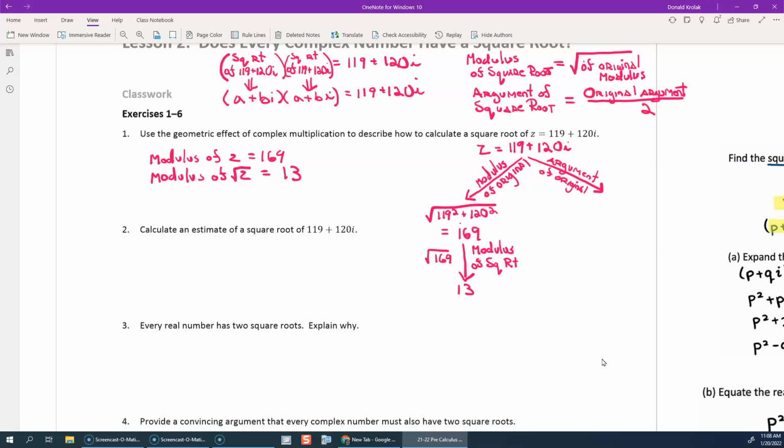To do that, remember we use the arc tangent. So the arc tan of b over a, 120 over 119.